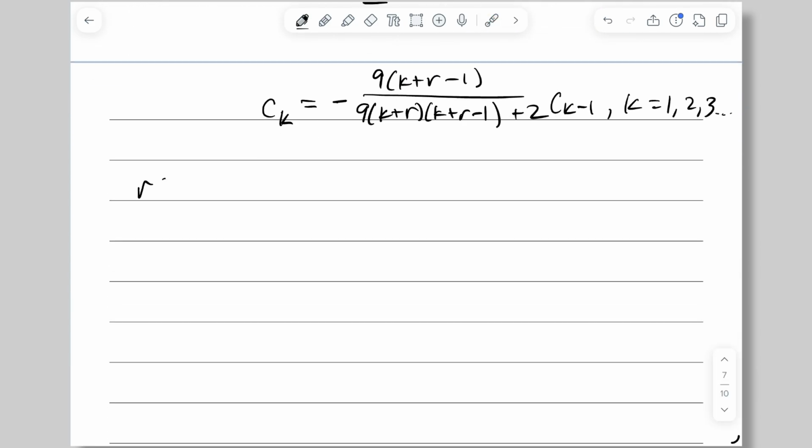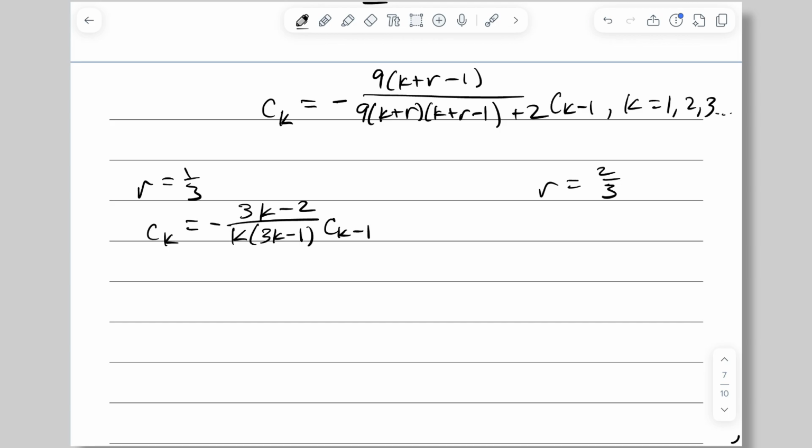Earlier we had found that r is equal to 1/3 or r is equal to 2/3. When we substitute the fraction 1/3 in place of r, we get fractions all over the place, but we can use the factors of 9 in order to clear those fractions. And I'll spare you the details, but when all is said and done, we have c sub k is equal to 3k minus 2 divided by k times the quantity of 3k minus 1, c sub k minus 1.